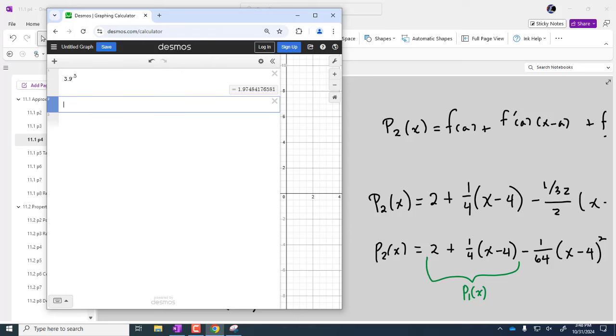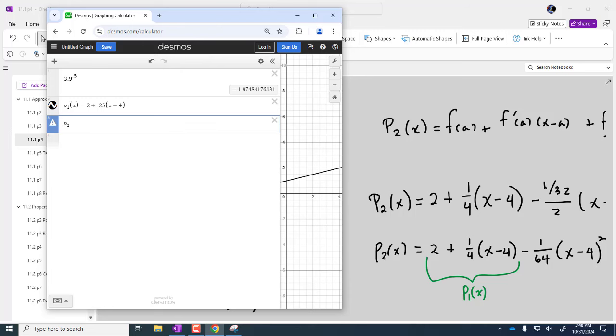Okay, so P1 is 2. Let's write this as P sub 1 of x equals 2 plus 1/4 times x minus 4.